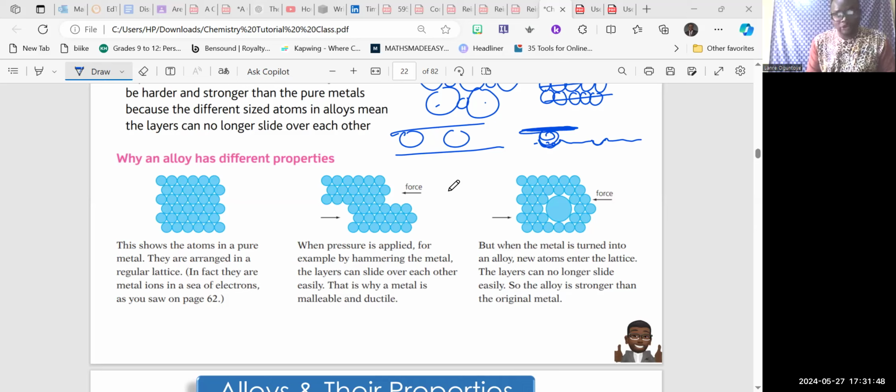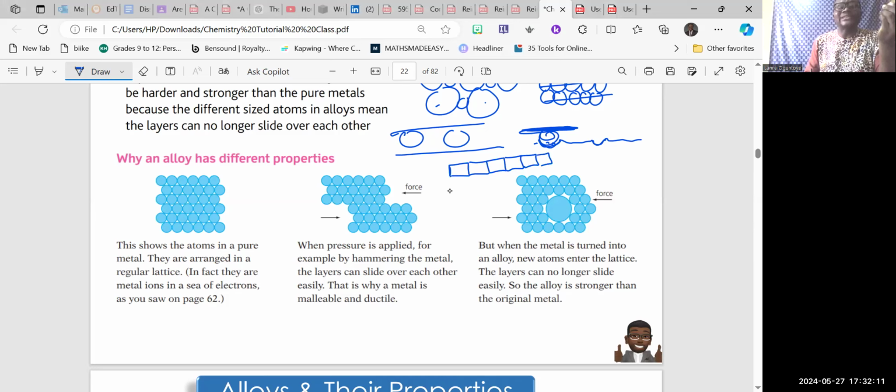Yes. Okay, so as long as they have different sizes, that simply means that the layers will not be smooth. They will not have smooth interlocking. If you relate to your mathematics, you know what we call tessellation in math? Yes, exactly.